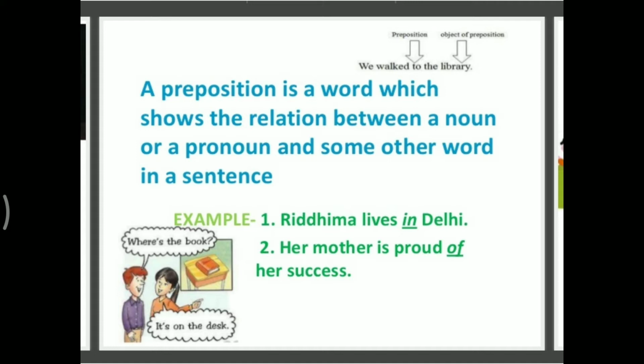Look at the examples. Ridhima lives in Delhi. Another sentence, her mother is proud of her success. In the first sentence, Ridhima is a noun and Delhi is also a noun. Here the preposition is in, and it shows the relationship between the two nouns, Ridhima and Delhi, as well as the relationship with the verb lives.